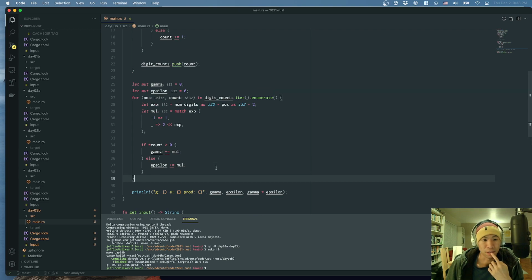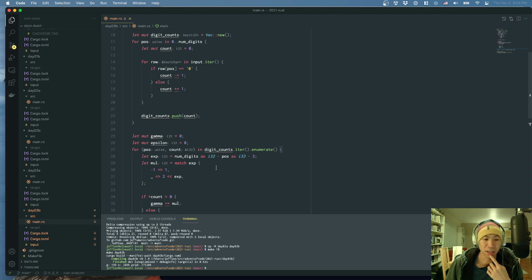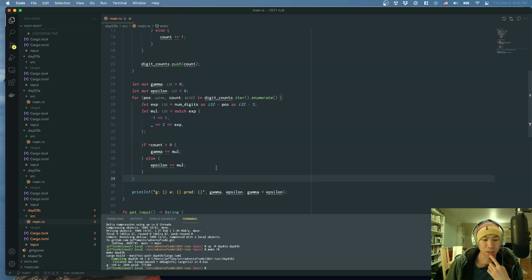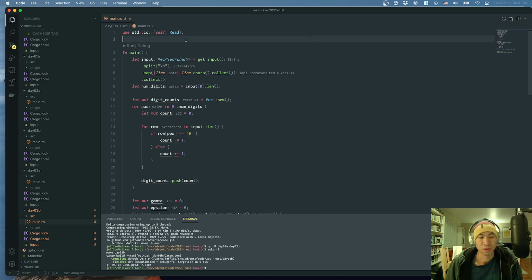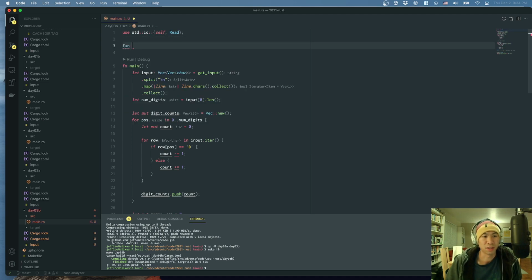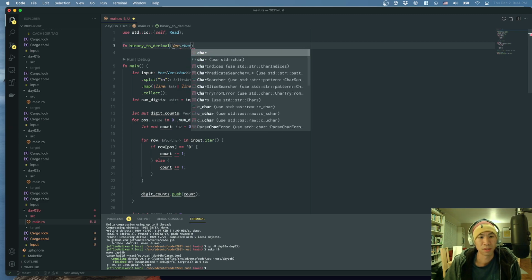So how about a function that converts a vector of binary characters into its equivalent decimal value. Let's call it binary to decimal. And it will take a vector of characters.